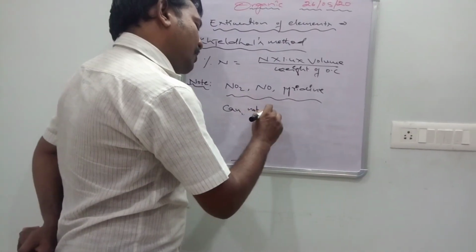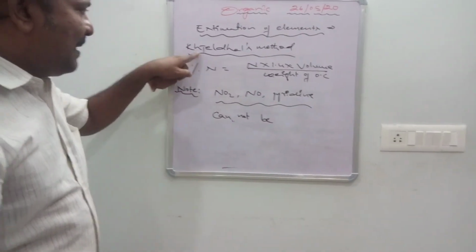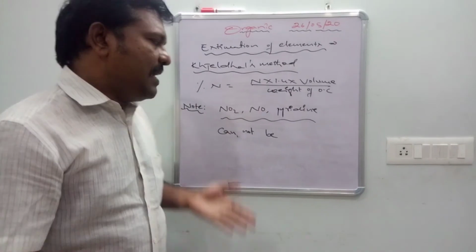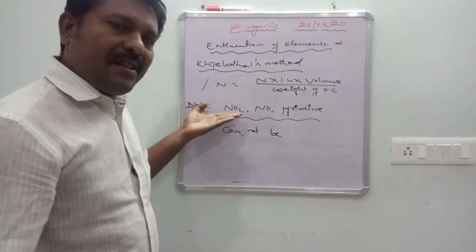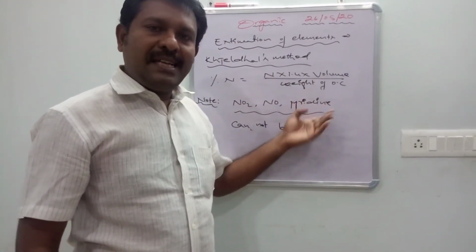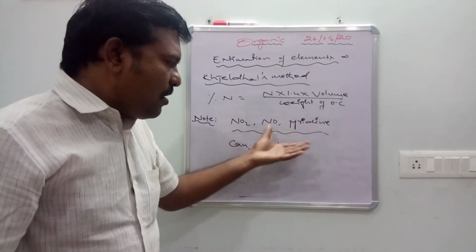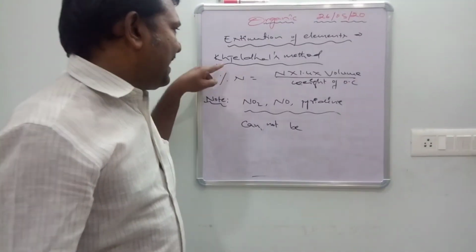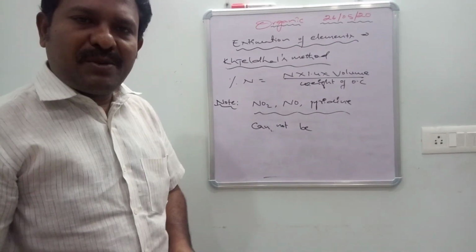Kjeldahl's method is not applicable for calculating percentage of nitrogen in compounds having NO2 groups, NO, or pyridine groups. That is the estimation of nitrogen.